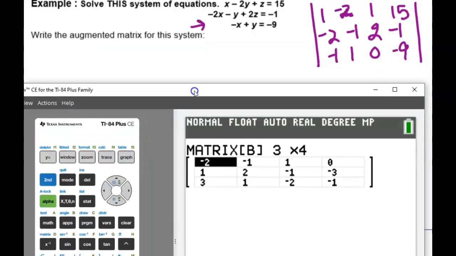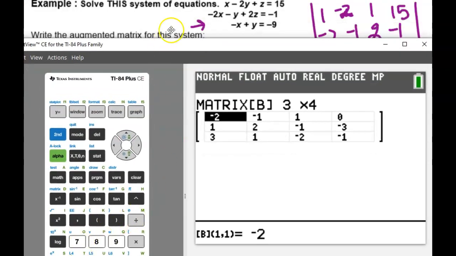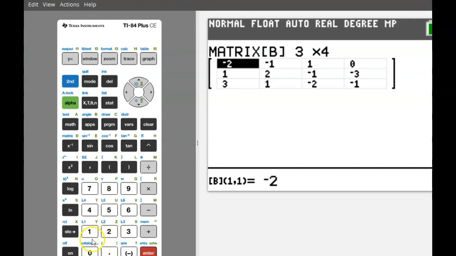Okay. One, negative. Can anybody read it? Dang it. I should have it on paper in front of me.